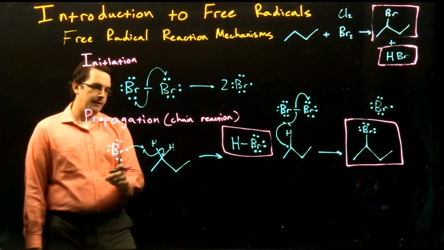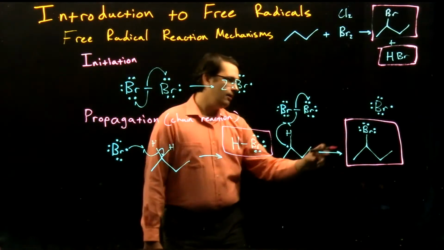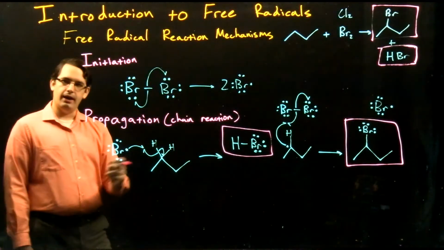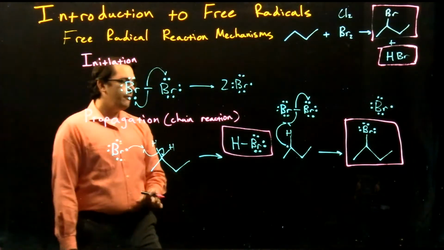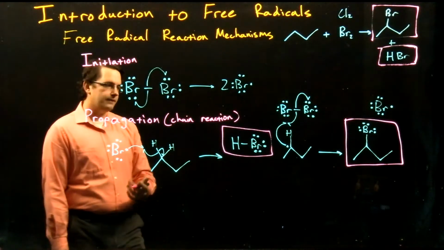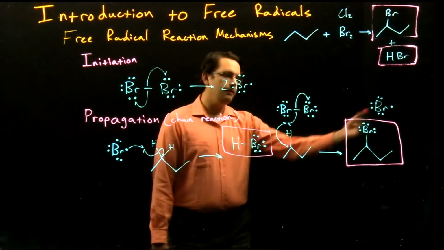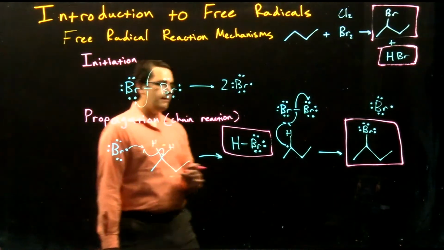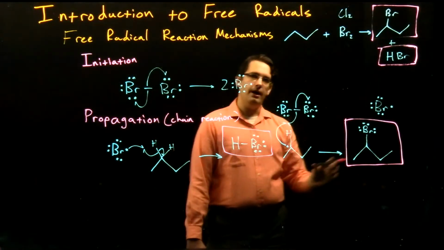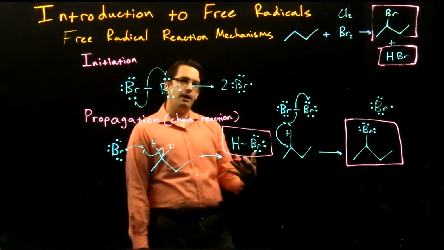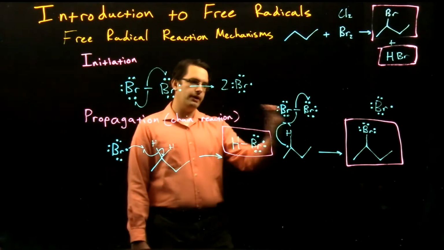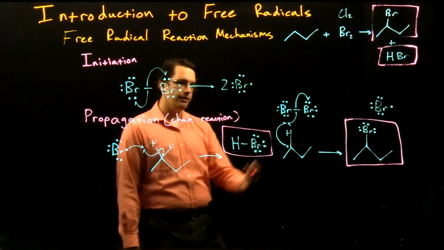We can then take that bromine radical, react with our alkane, we produce another bromine radical, and we can again react with another alkane, and we can just keep reacting continuously because we keep producing more of our reactant here. So this is what makes these our major products, right? Because we're going to see a lot of these products produced since this step will repeat over and over again in this chain reaction cycle.